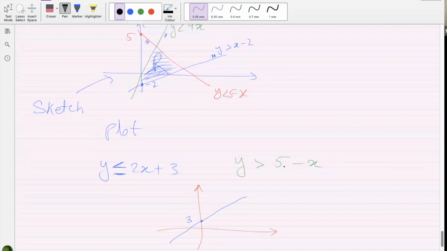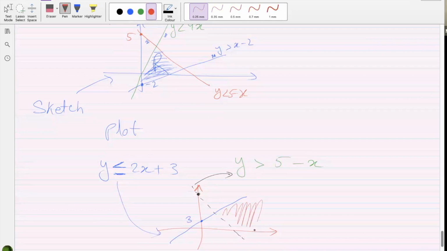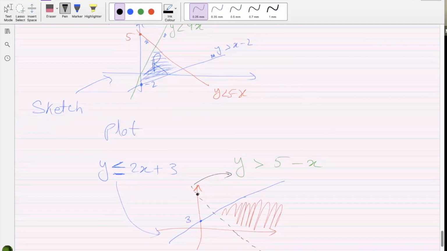And the other line, y is greater than 5 minus x, the y-intercept is 5, but the gradient is negative. So these will look like this. When there is no sign of equality, it is a dotted line. And when there is a sign of equality, it is a solid line. So less than this solid line and greater than that, we are left with this region. This is the shaded region which satisfies these two inequalities. Clear?